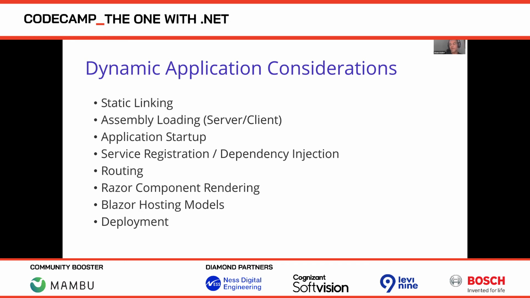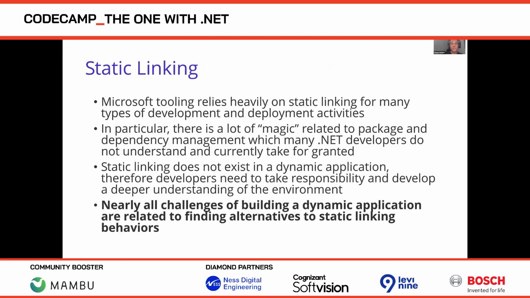These are some of the more technical complications that you need to be aware of when you're building a dynamic application. Octane takes care of a lot of these complications for you and allows you to focus on building your modular applications by providing a lot of the underpinnings for you. But these are all things that you need to be aware of.